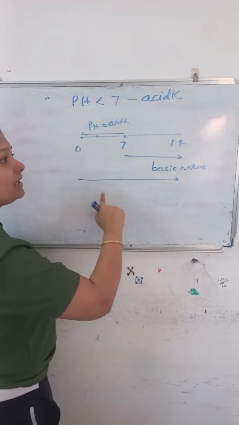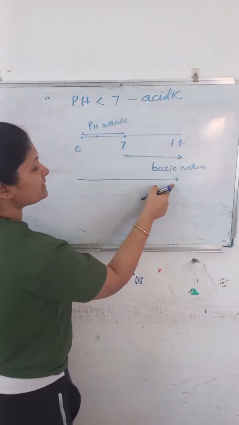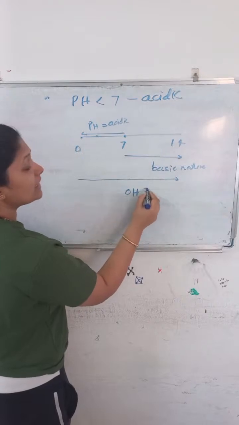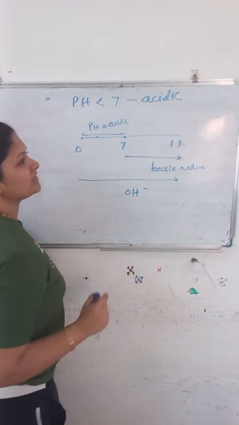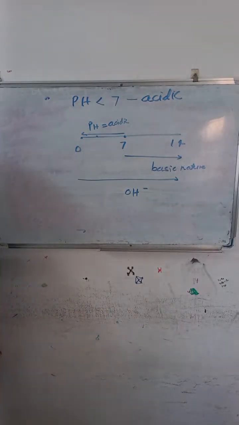Because I am saying pH value is increasing, so I am going in increasing order. As I am going from 0 to 14, OH negative ion concentration increases. So hydroxyl ion or hydroxide ion concentration increases.